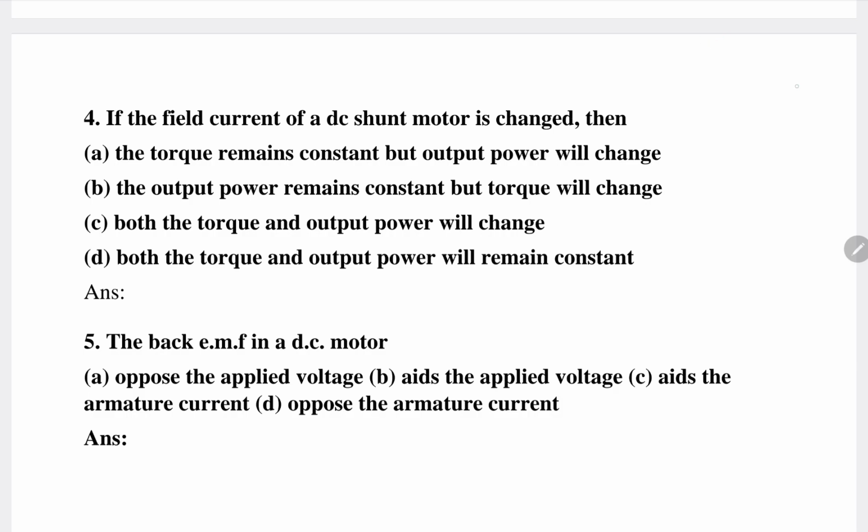Next, if the field current of a DC shunt motor is changed, then what happens? Torque T is proportional to phi into Ia. Field current we are changing, that means flux we are changing.